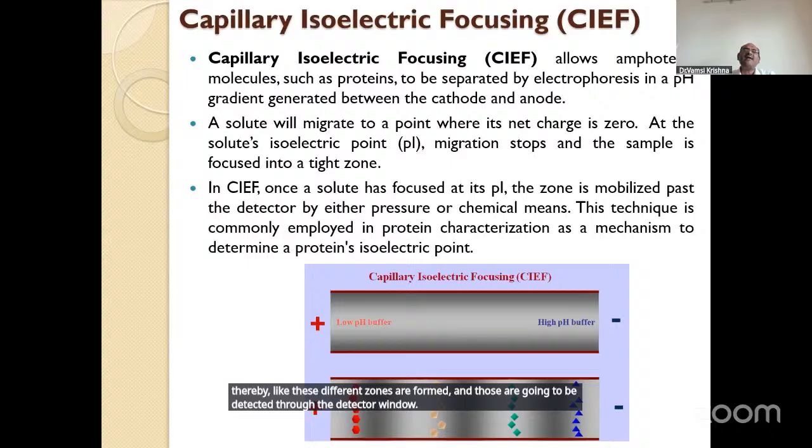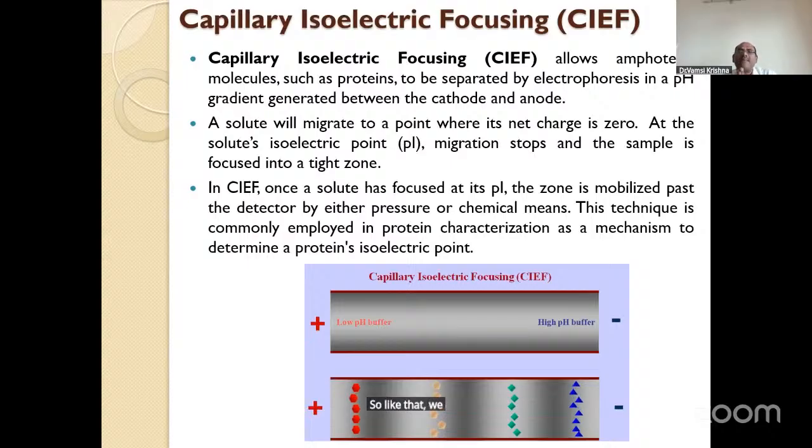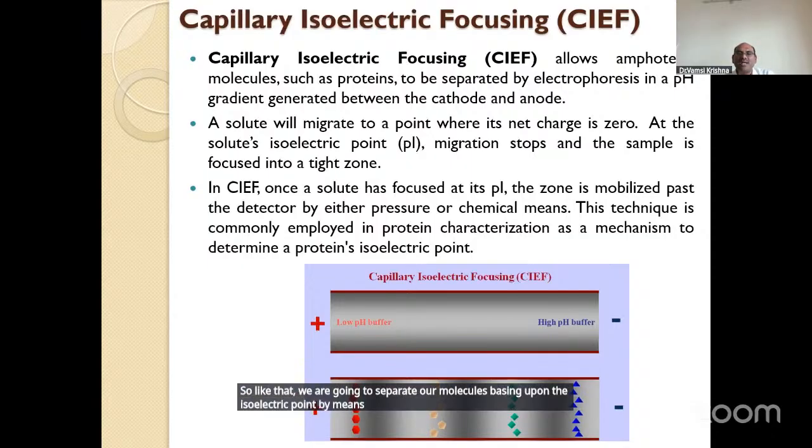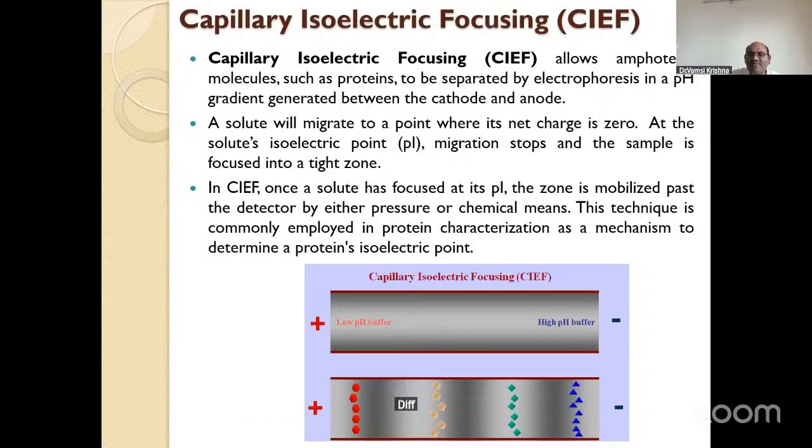In this way we separate our molecules based on isoelectric point by means of capillary isoelectric focusing. In the bottom figure, the different zones formed correspond to the different isoelectric points of our analytes.